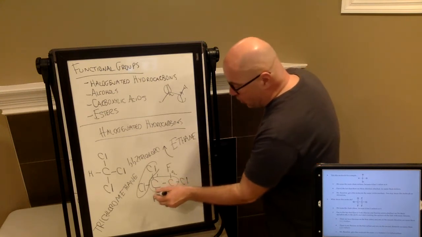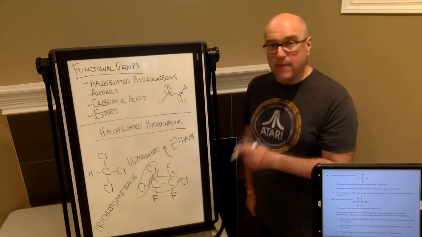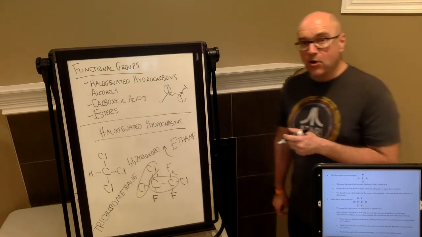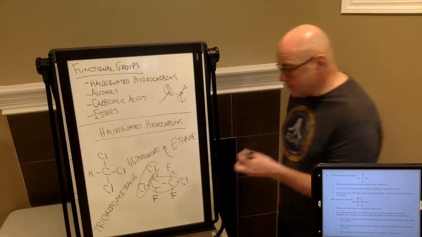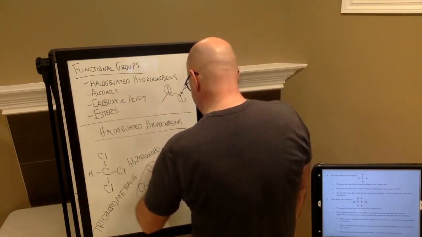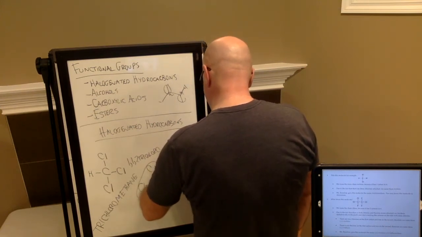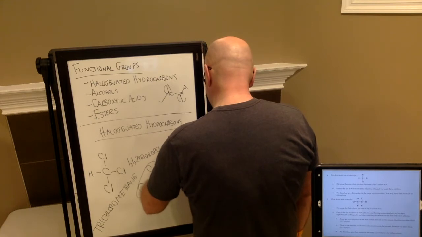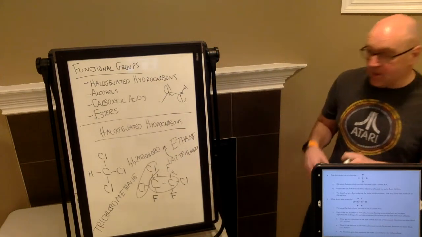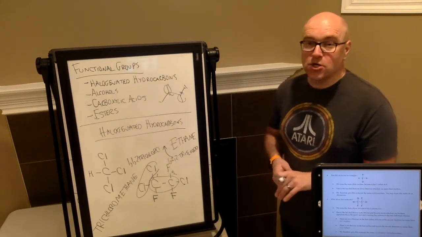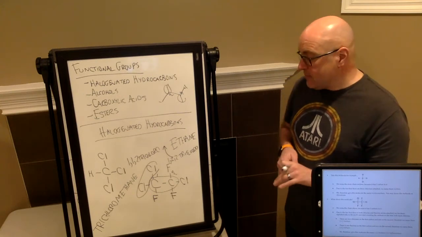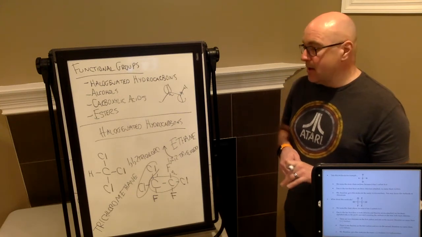And now I've got 1 fluorine on the first carbon and 2 fluorines on the second carbon. So this one's going to be listed as 1,2,2 trifluoro. So this substance, it's a mouthful, it's going to be called 1,1,2 trichloro, 1,2,2 trifluoroethane.